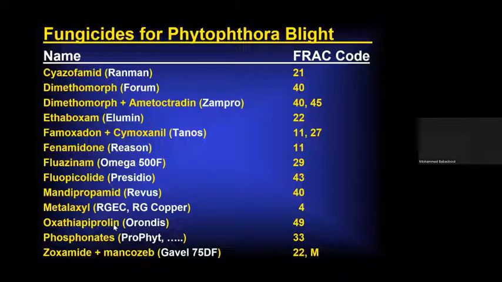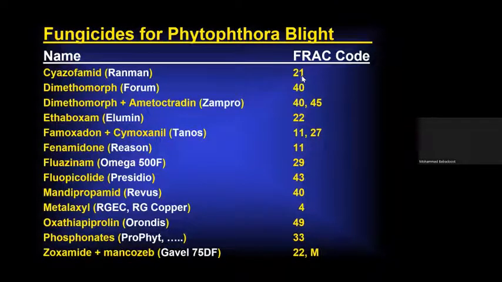And also, those plant pathologists know that we have to consider FRAC code. FRAC stands for Fungicide Resistance Action Committee. For example, we cannot use whole season fungicide from the same group. We have to alternate with different FRAC groups.